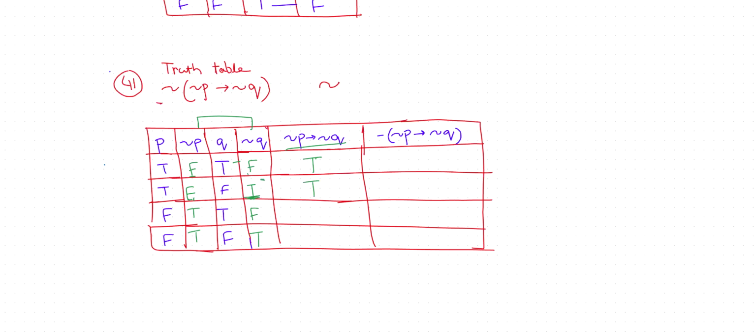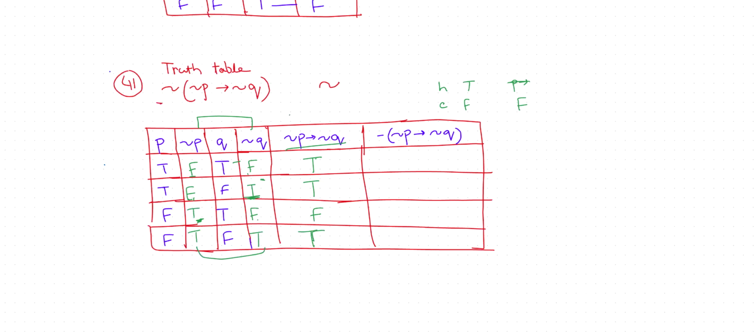Now in this case, if the hypothesis is true but the conclusion is false, we get false. Then when both are true, it gives true. So this is how we got if not P, then not Q.